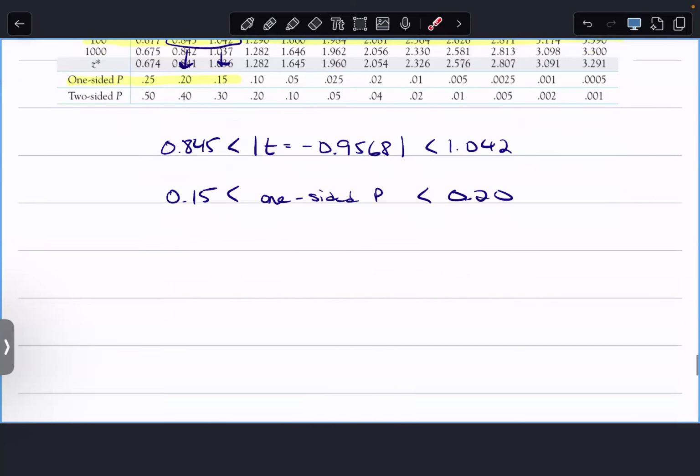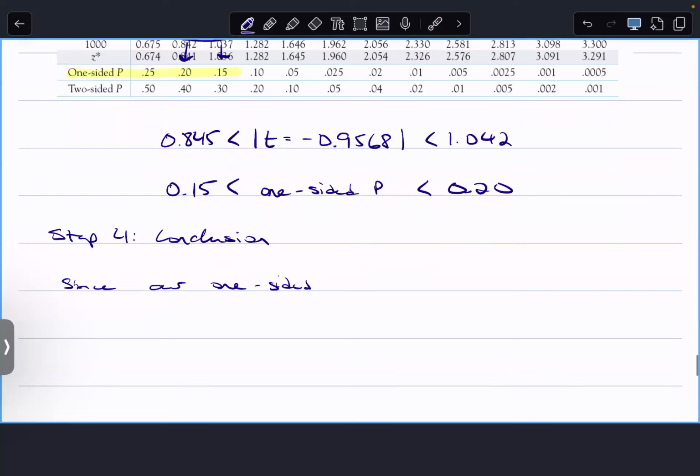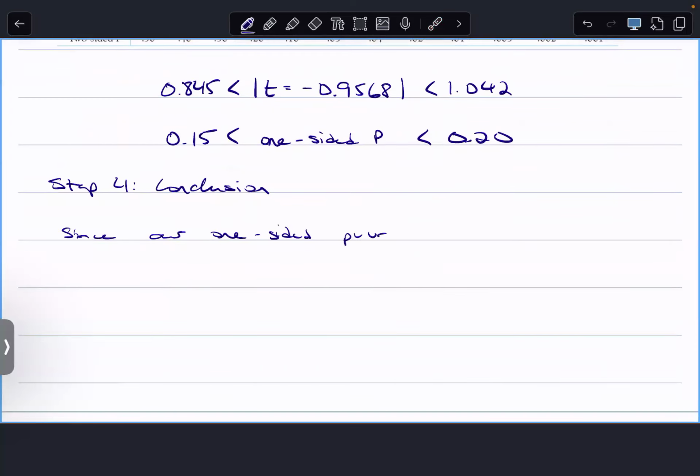And so in our conclusion, step 4, our conclusion, since our one-sided p or p-value is between 0.15 and 0.20, it is not less than the alpha level of 0.1.